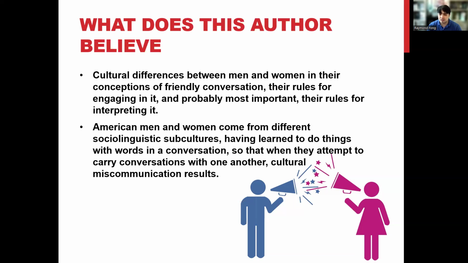So what this is basically saying is that as we grow older, as girls and boys, we are taught to communicate a certain way. And because of that, we are from social linguistic subcultures. That's just a fancy way of saying we are not from completely different cultures, but we are different. Let's say we are a boy in American, New York, Brooklyn culture, or a girl in American, New York, Brooklyn culture.